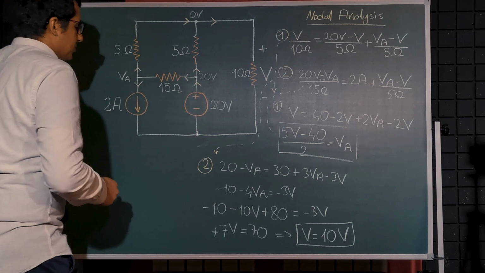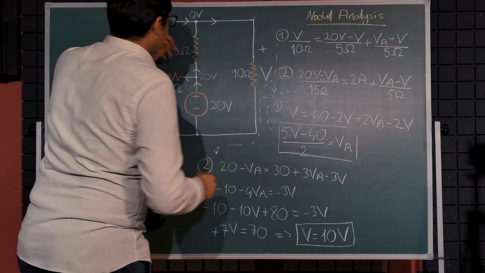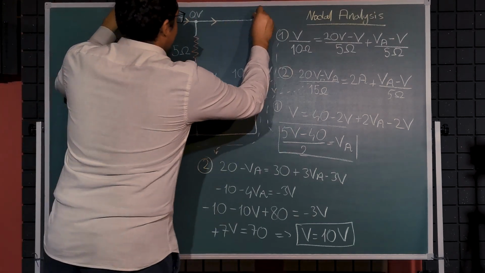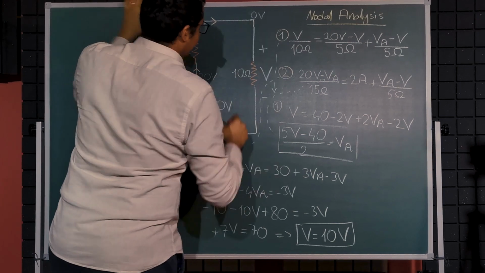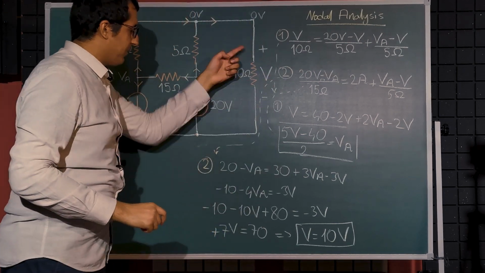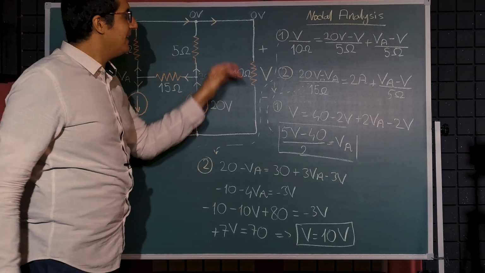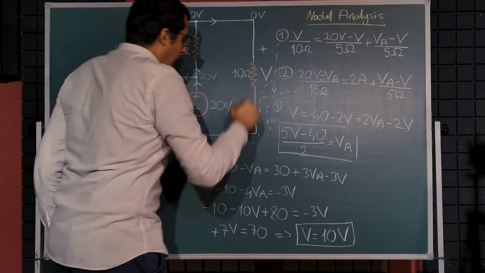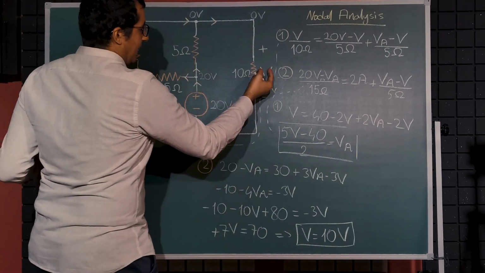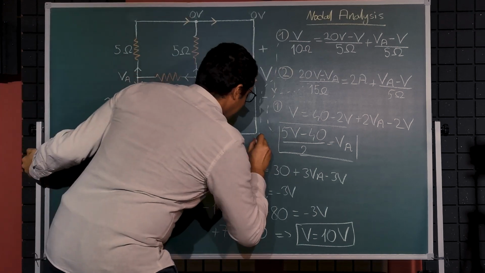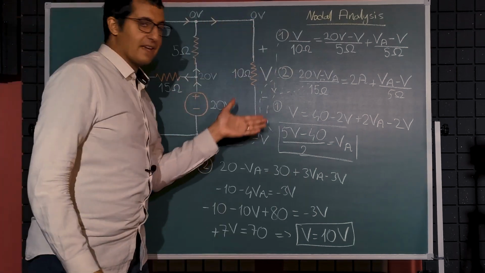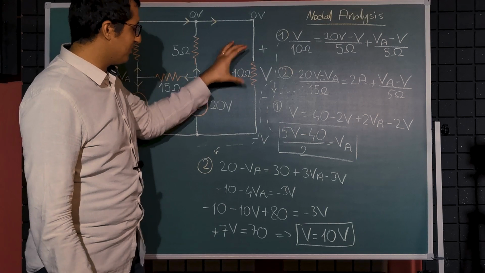And if this is 0 volts and there is a V voltage drop across this 10 ohms resistor, that will push the voltage down on this node to minus V. So there will still be a V voltage drop across the resistor.